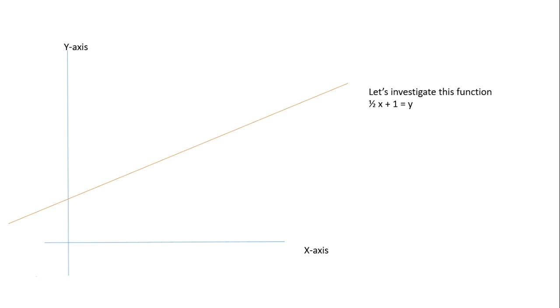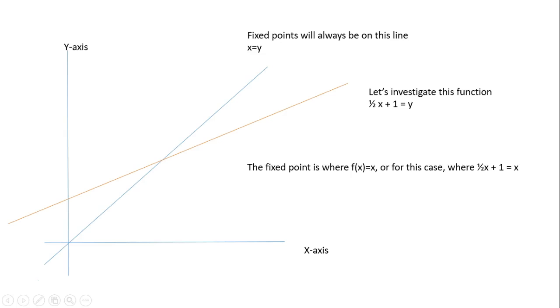Let's start with 1/2 x plus 1 equals y. Very linear equation, nothing too spectacular. Now, I want to investigate the fixed point of this equation. The fixed point is the point where if we take a function, we set it equal to whatever value we put in. So if we have f of x, the fixed point is where f of x equals x.